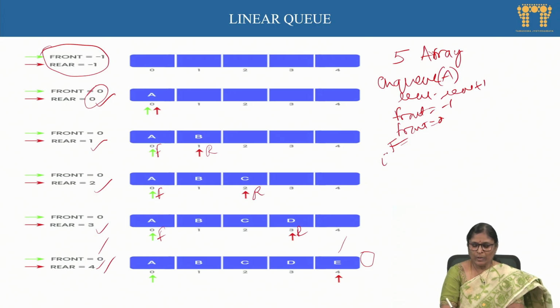The linear queue is full whenever rear is equal to max minus 1. Why max minus 1? Because we start the array from 0, so 4 is max minus 1. Whenever the rear reaches max minus 1, your queue is full, so you cannot insert an element into the linear queue. Otherwise, simply increment your rear and place the element at that position.